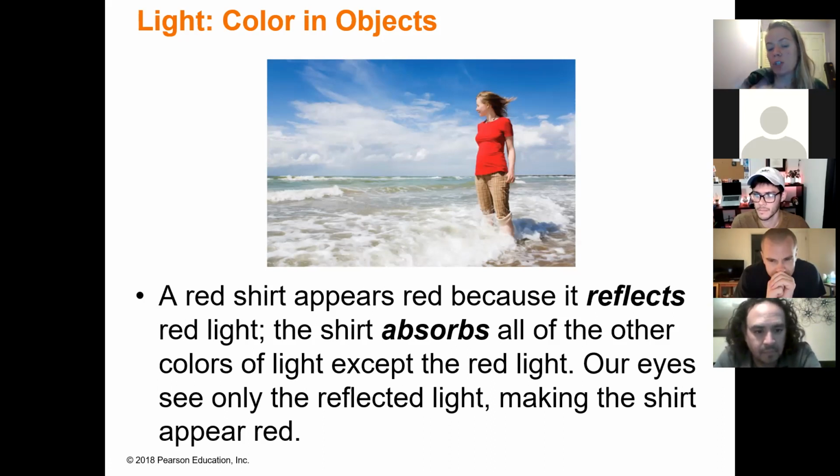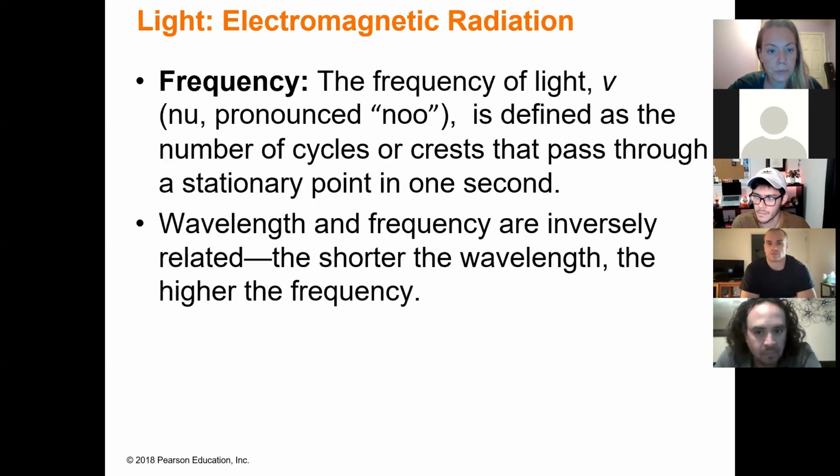So her shirt, because of the chemical composition, is absorbing orange, yellow, green, blue, and purple, and it's saying, I don't want red. And the red is what's reflecting back, and then your eye's picking that up. If you looked at something that was green, it is absorbing all the colors and reflecting green back at you. So our eyes are really only seeing the reflected light. All the rest of it's being absorbed.